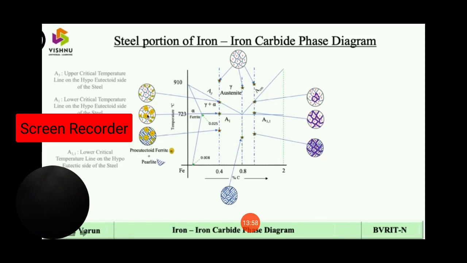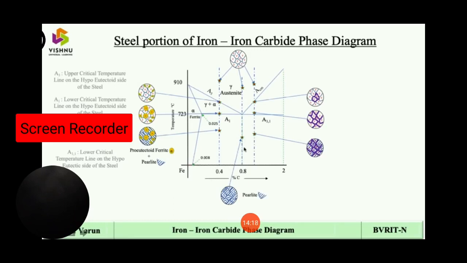So, to summarize, we get proeutectoid ferrite and pearlite at room temperature when we have a carbon composition less than 0.8, which is a hypoeutectoid composition.